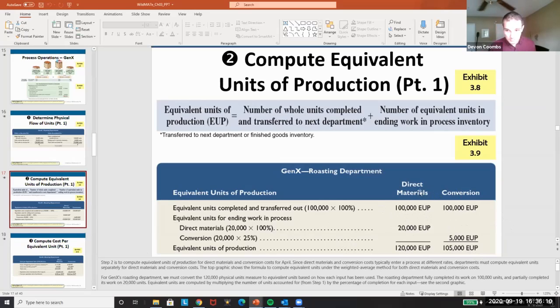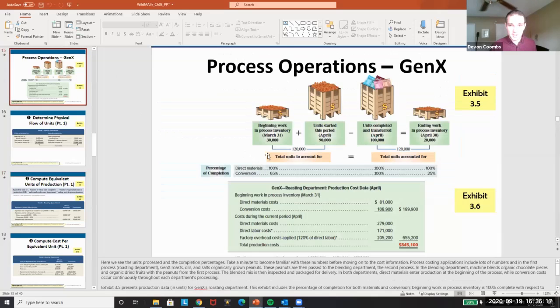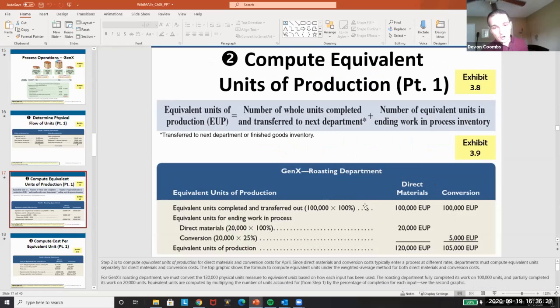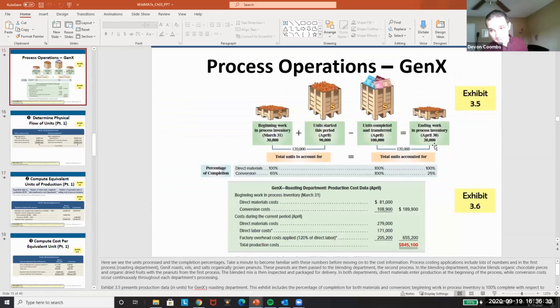Then we see we've broken out direct material and conversion costs, because they have different percentages. Our direct material usage is different than our conversion usage, so we have to break them out into two different columns here. And the equivalent units for the ending work in process is different.